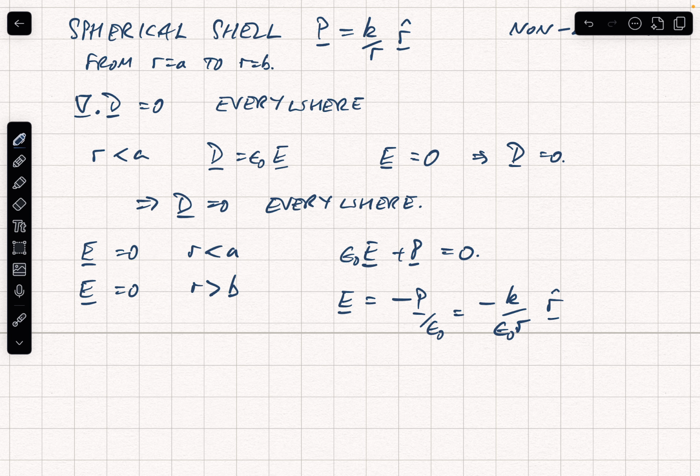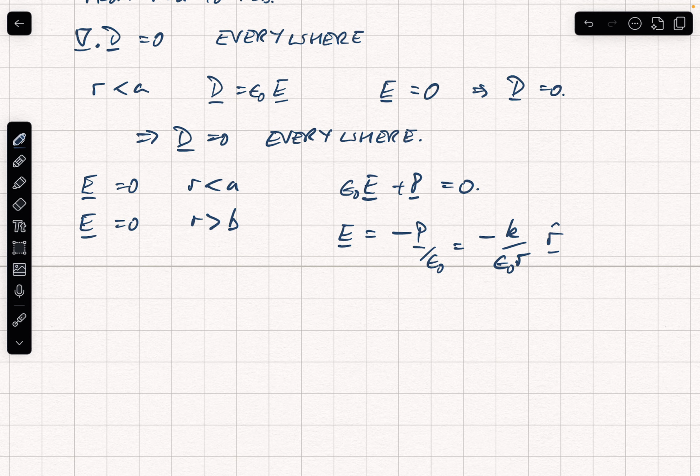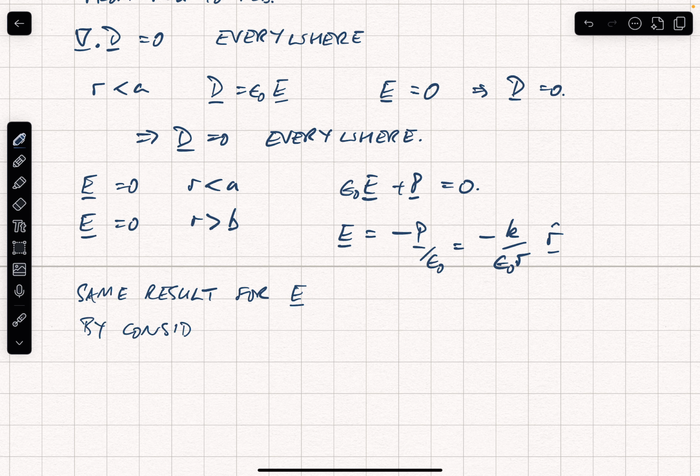So in this case, with a permanent polarization and no external charge, the electric field and the polarization cancel each other out. You can get the same result for E, which is reassuring, simply by thinking about the charges, by considering the polarization charges, rho P and sigma P. That's something that I've gone through in the worked answers to a problem sheet, so I won't go through them now.